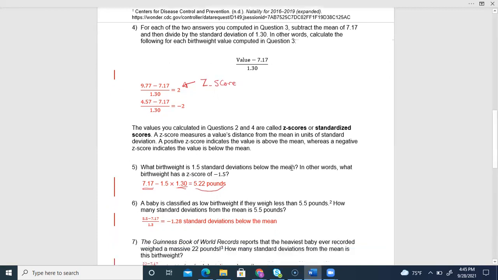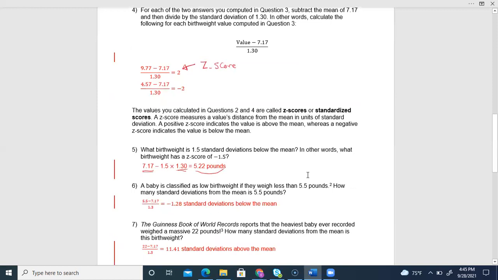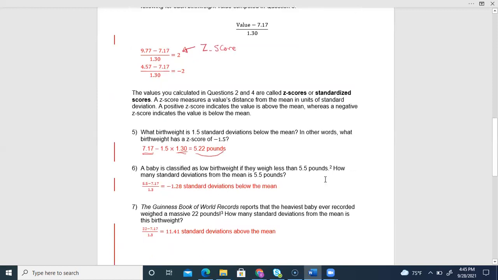Number 6: a baby is classified as low birth weight if the weight is less than 5.5 pounds. How many standard deviations from the mean is 5.5 pounds? In this case, we need to standardize the 5.5, so we find the z-score corresponding to 5.5. You take the value minus the mean, 7.17, and divide by the standard deviation, 1.3.